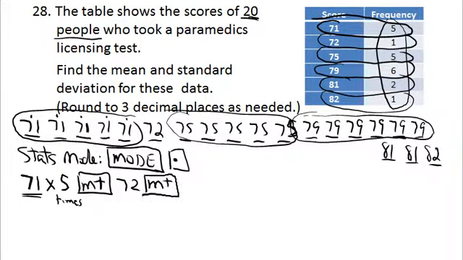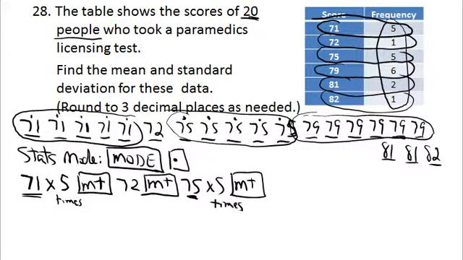And then you put 75 down, and notice there are 1, 2, 3, 4, 5 of those. So you do times 5, and you do M plus. That will put 75 in 5 times. And then you go to 79, and there are actually 6 of those. 1, 2, 3, 4, 5, 6.